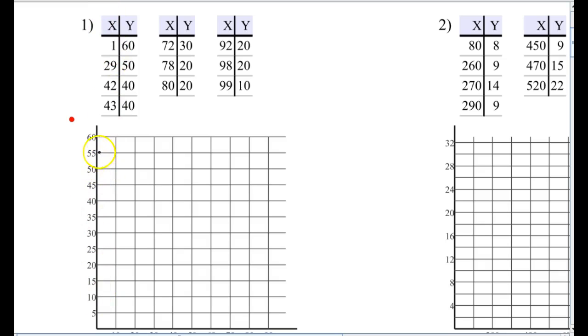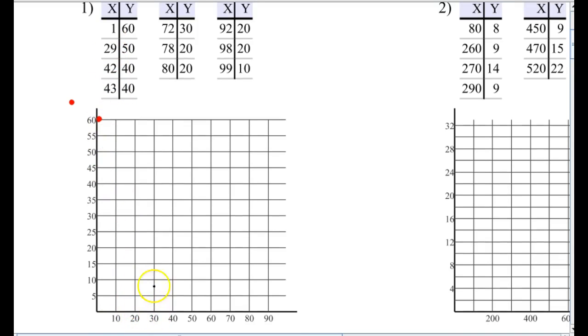So we got 160. We got 2950. 2950. 4240. And 4340. And 7230. 72 and 30.